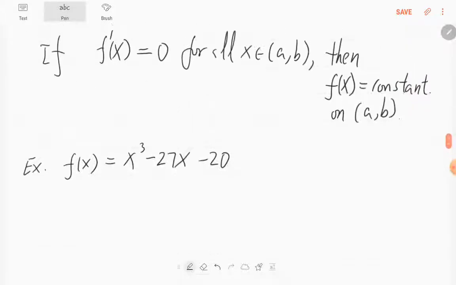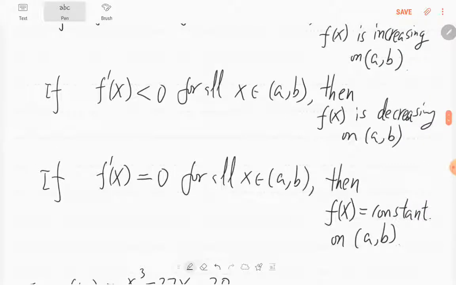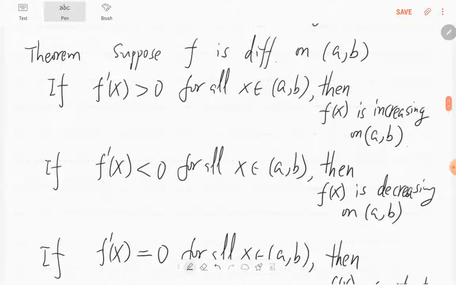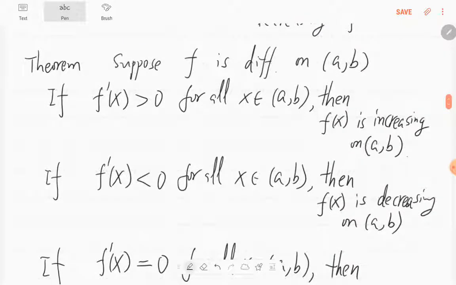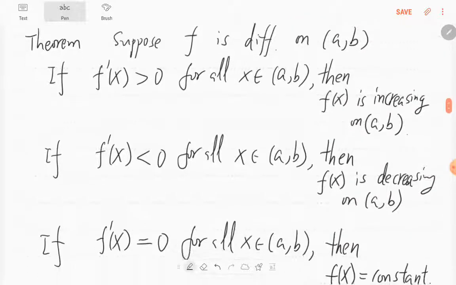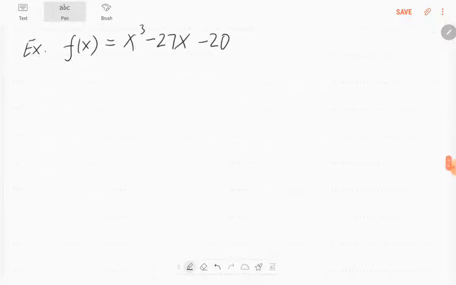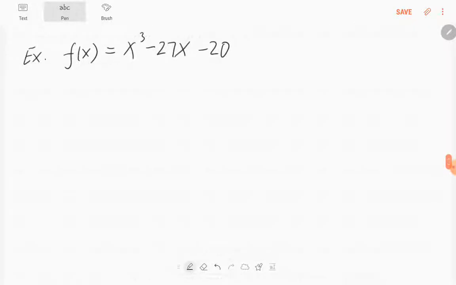Because you can see that increasing is positive and decreasing is negative, right, for the derivative. So it's very important to know where the derivative equals 0, which is called the critical point. So let's look at the critical points.